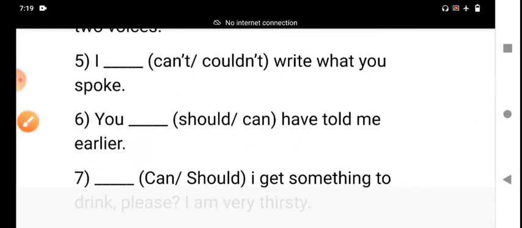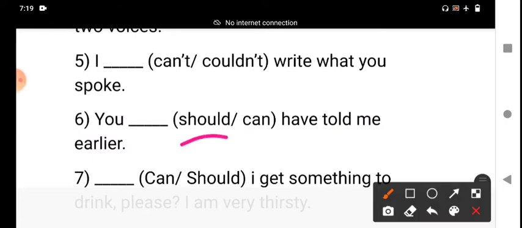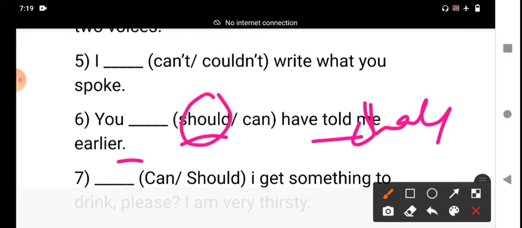That's why it is written in the past tense. Should is the past tense of shall. You should have told me earlier. I am regretting, I feel sad. That is more important. We select should, my dear students. This is the correct answer.